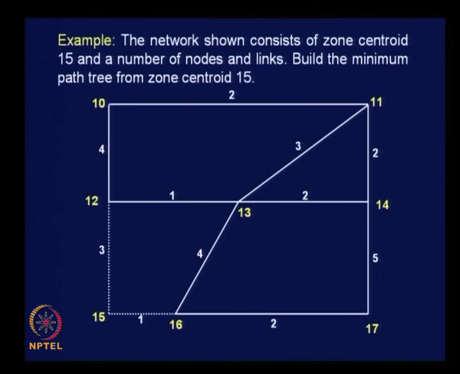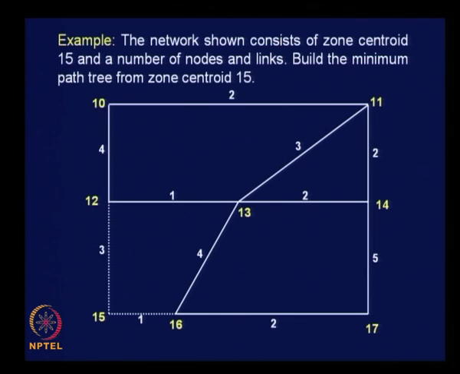We have considered this example to understand building of the minimum path tree. The problem is to build the minimum path tree from zone centroid 15 to all the other nodal points shown here. As you could see, this is not a complete transport system network, it is just a small segment of a road network linked to zone centroid 15.